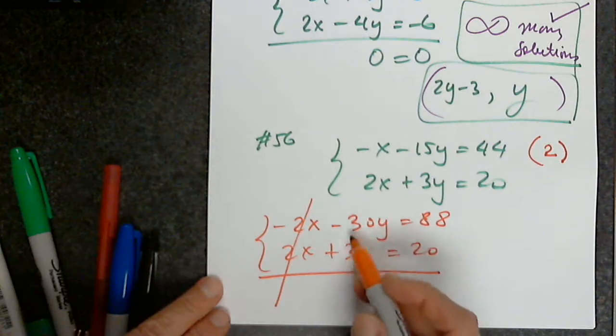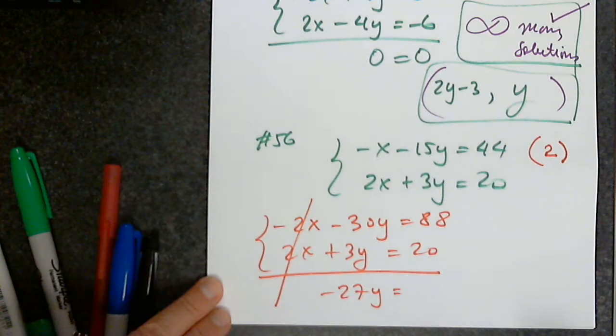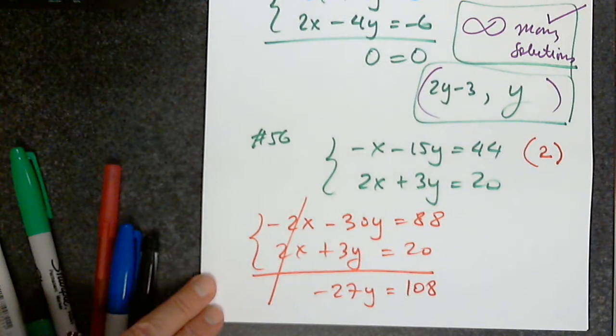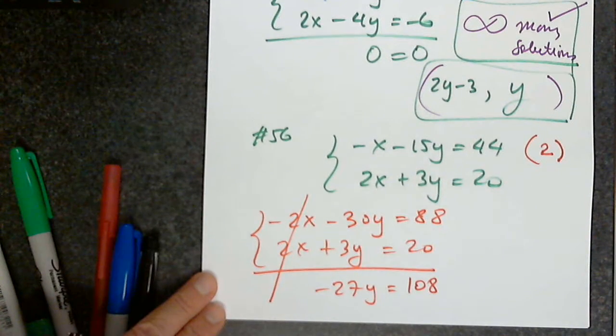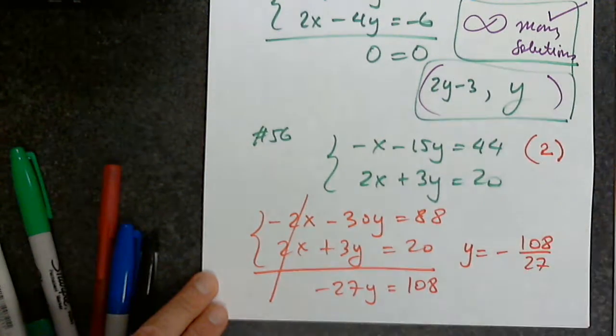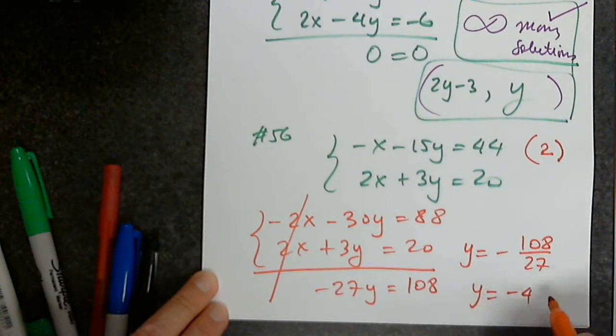Okay, so then I see here a negative 27y. Is that correct? And I see here 108. Right? So negative 30 plus 3, negative 27, 88 plus 20, 108. So then y equals negative 108 divided by 27. Good. So it appears that is negative 4.